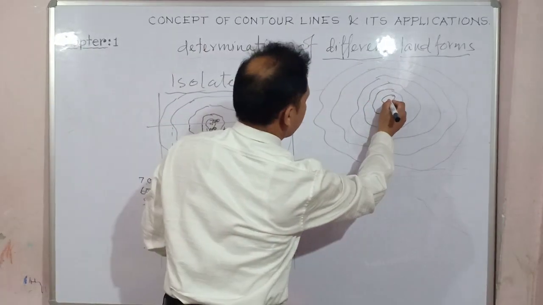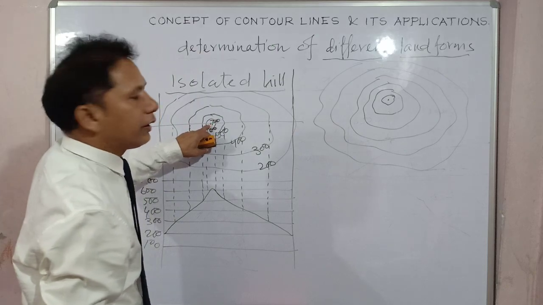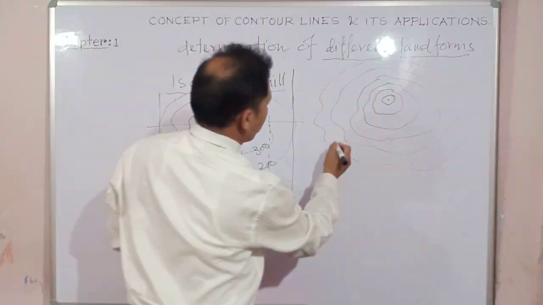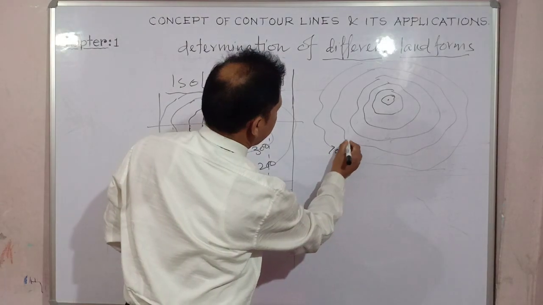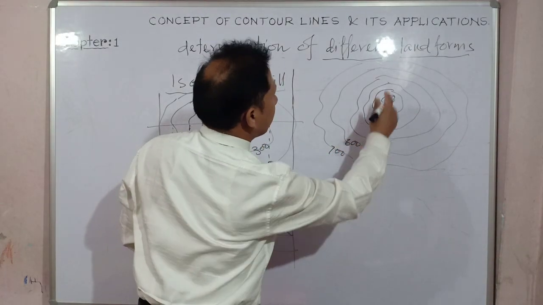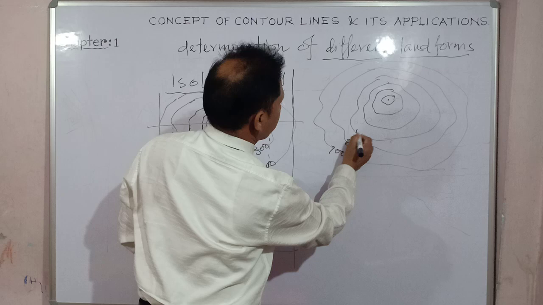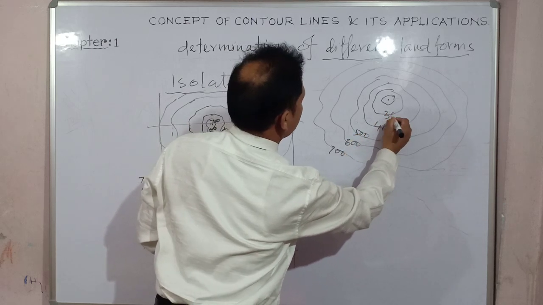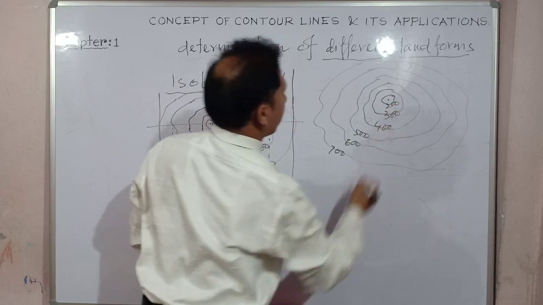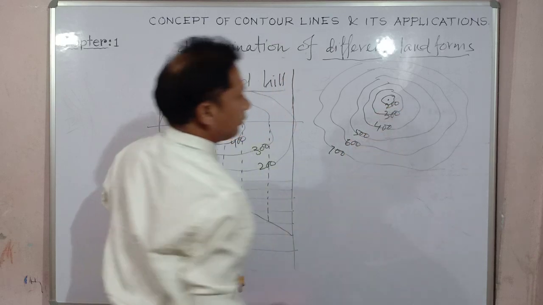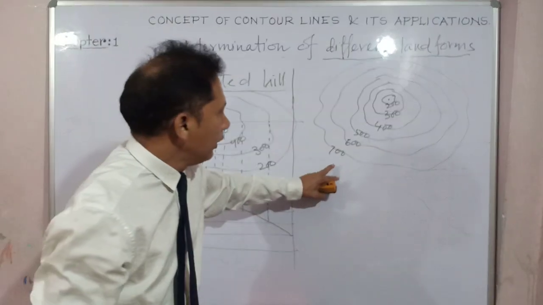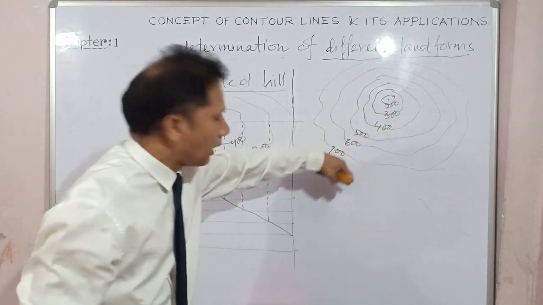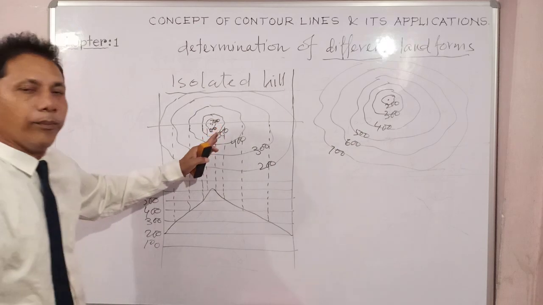Now this time, instead of the value increasing towards the center of the circular contour pattern, let's consider this one 700. So the value decreases towards the center. I mean to say 500, 400, 300, and this is suppose 200. I'll put a point. Now this time the value decreases towards the center, or it increases from the center outward, which is not the case out here.